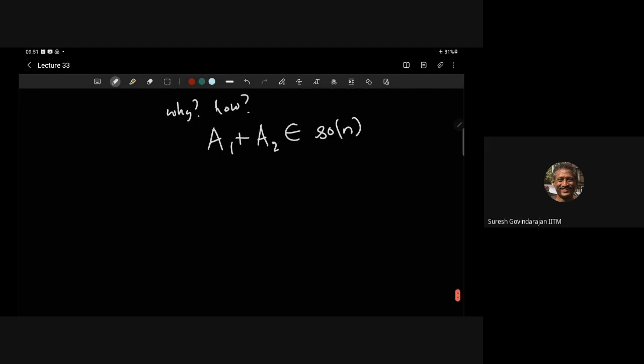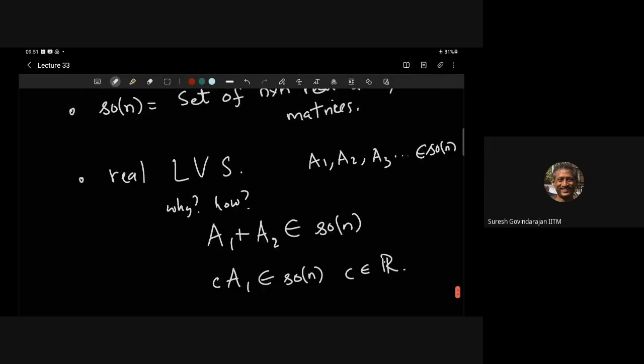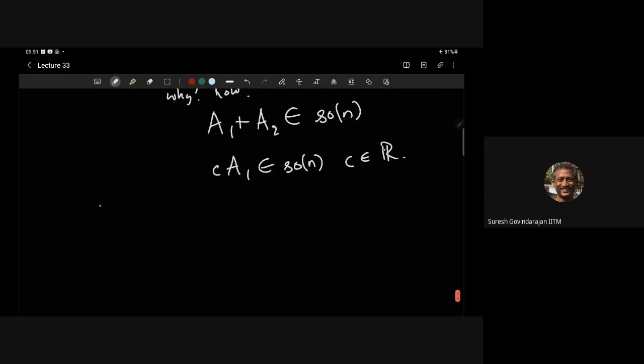So you can see that the sum of these also belongs, and of course, if C is some constant, C A1 also belongs to so(n), C belongs to the reals. Okay, so these are the two properties. There are extra two. We will study the other properties next lecture.